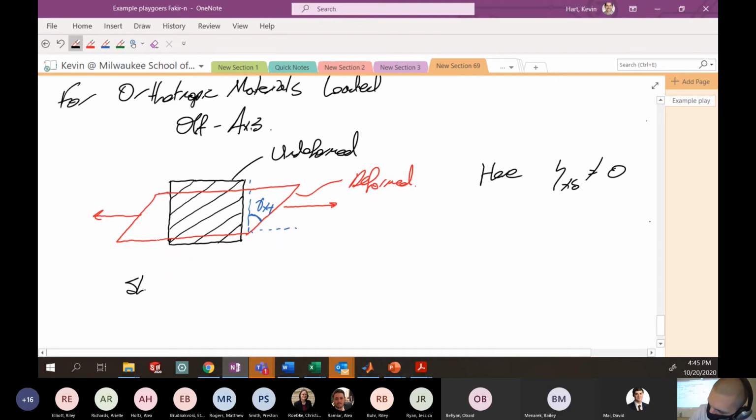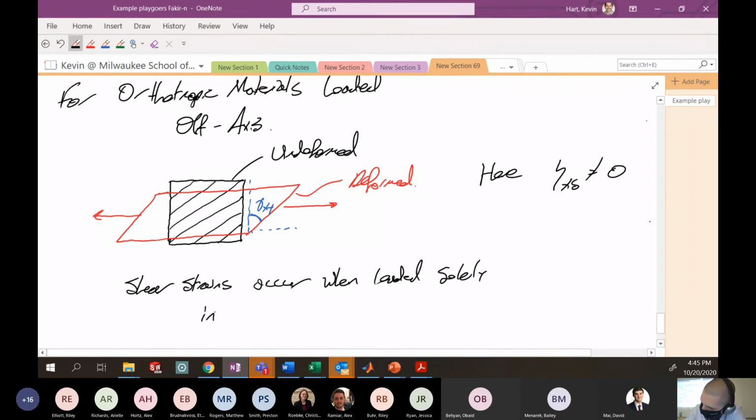So here we see shear strains occur when loaded solely in tension. It doesn't happen with isotropic material. That's why you haven't seen this kind of idea before.